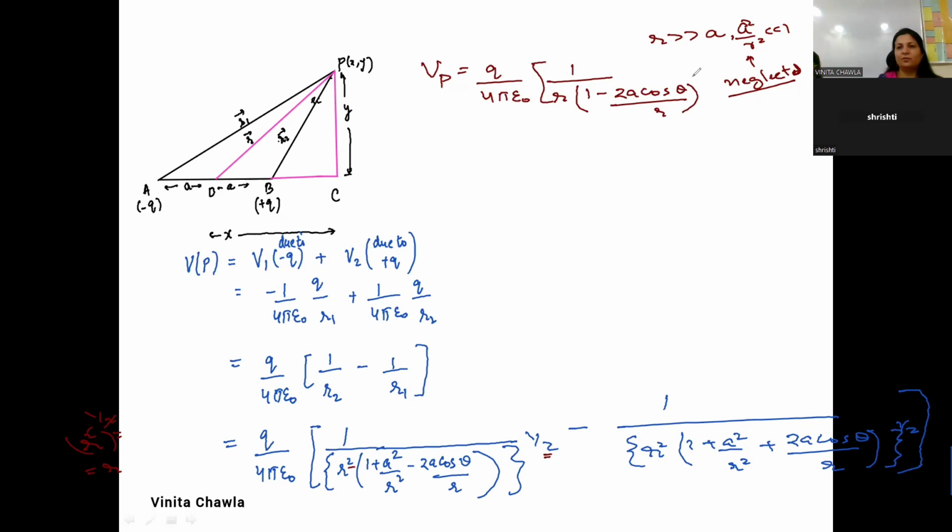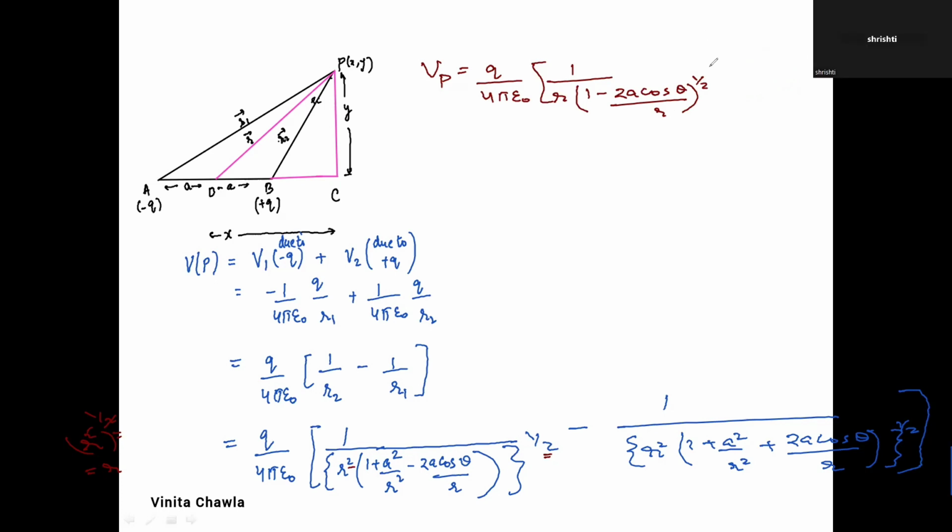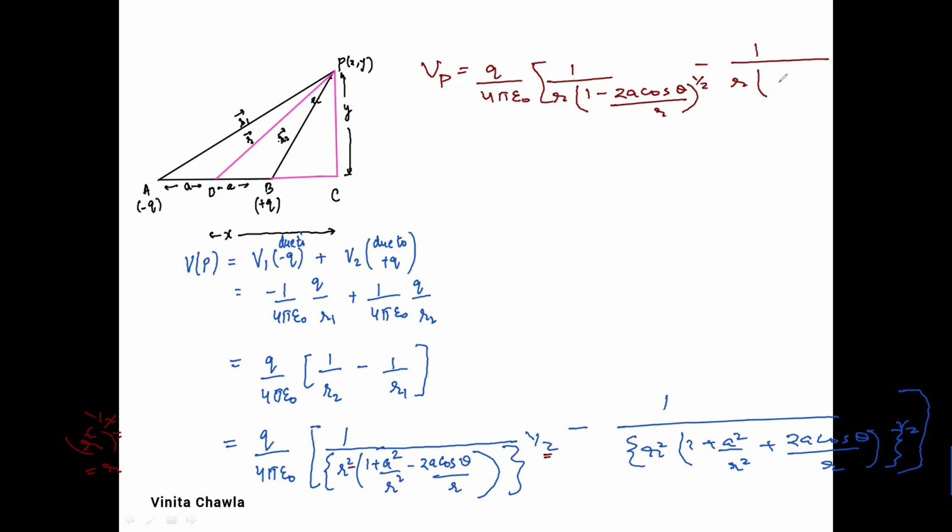Similarly, we can write for the second term: minus 1 by r, and in the bracket we have 1 plus 2a cos theta by r raised to the power half, bracket close.